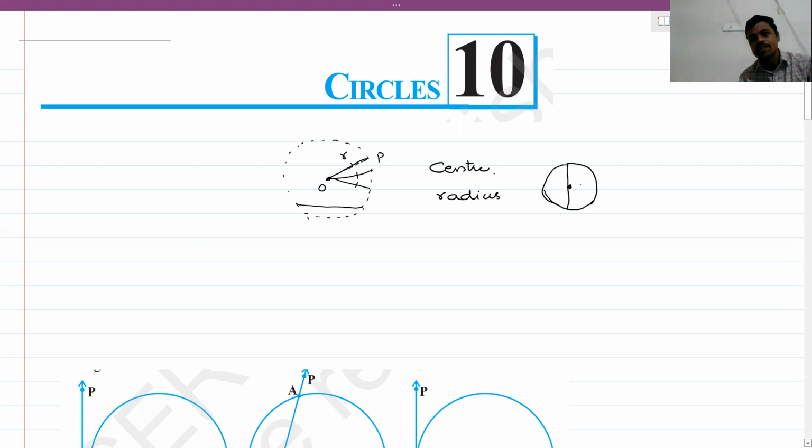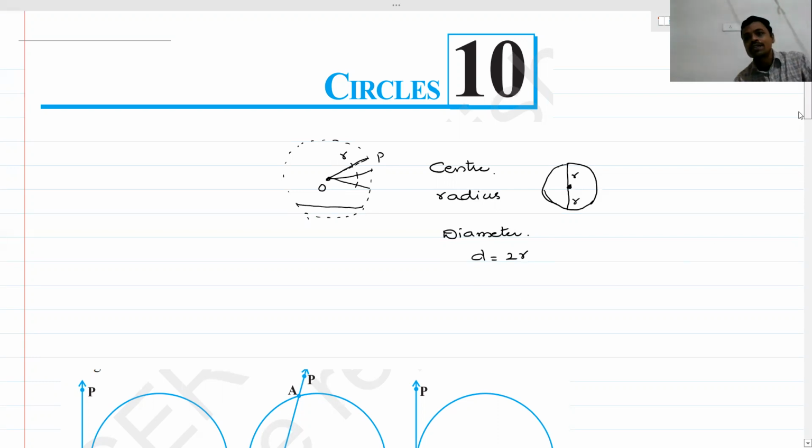A chord which passes through the center of the circle is called the diameter, and the longest chord in the circle is the diameter. The diameter can also be written as twice its radius. Why? Because this is a radius and this is a radius. These are all the things you know very well.